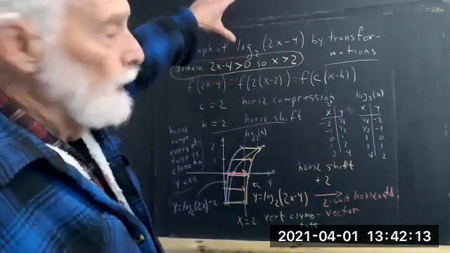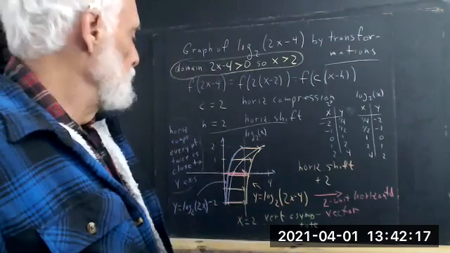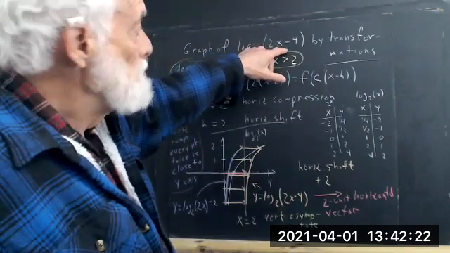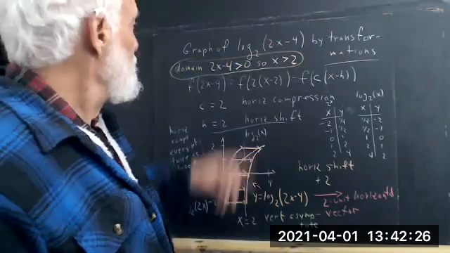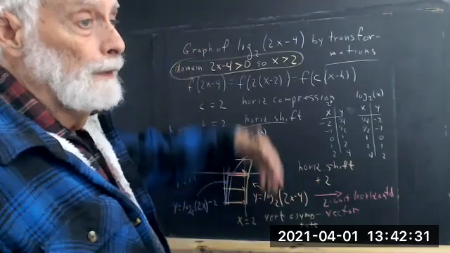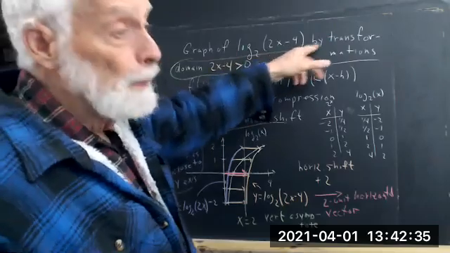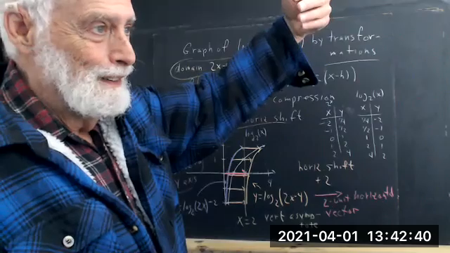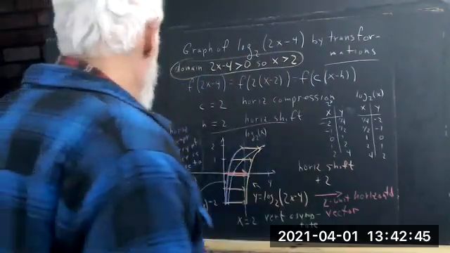So the graph of any logarithmic function can be constructed. Now, this one has a horizontal compression and a horizontal shift. But we could put a number out in front here, and that would give us a vertical stretch. And we could add a number onto the end here, which would give us a vertical shift. So we can do all those things with the logarithm function.